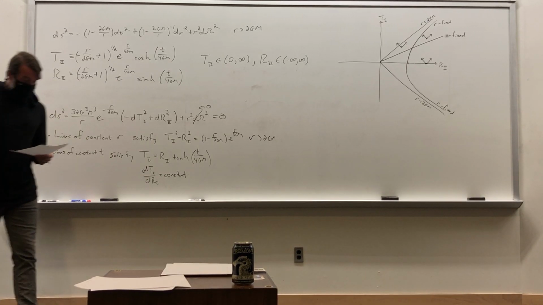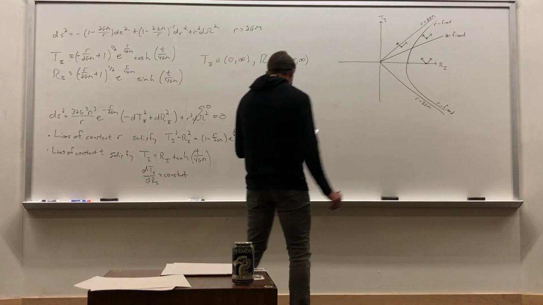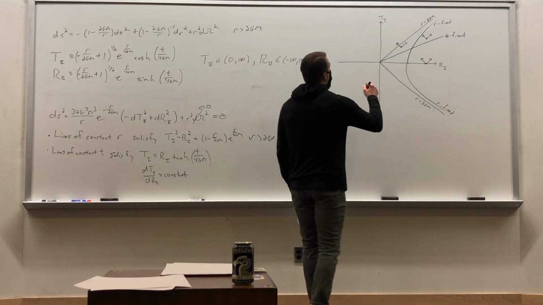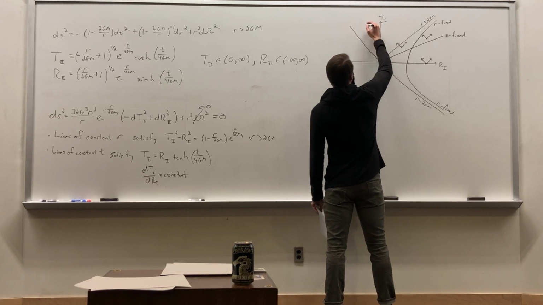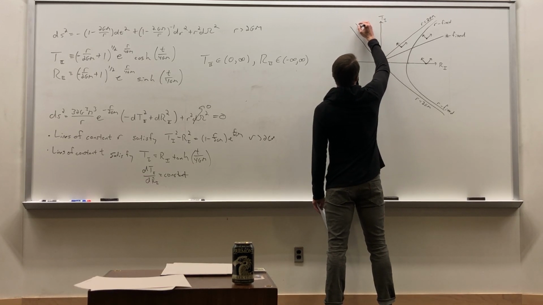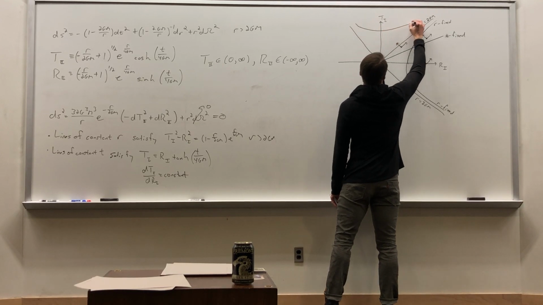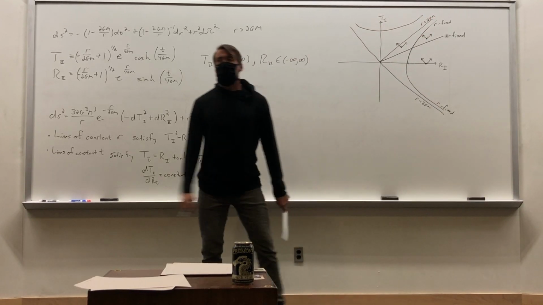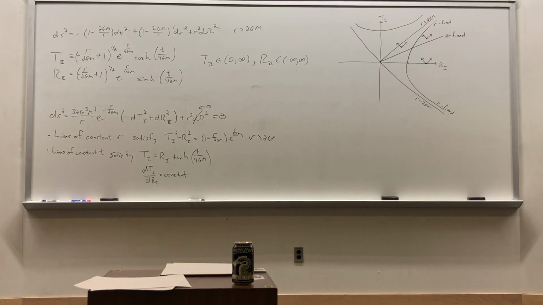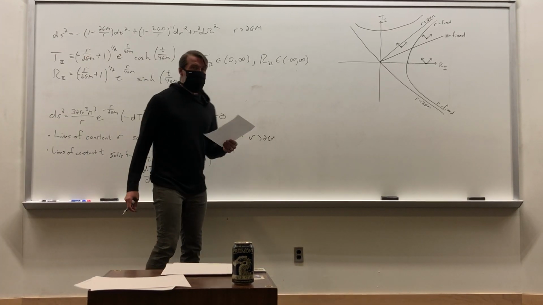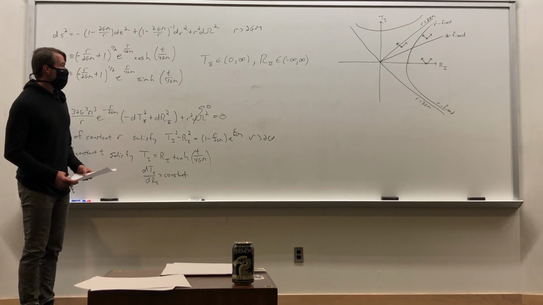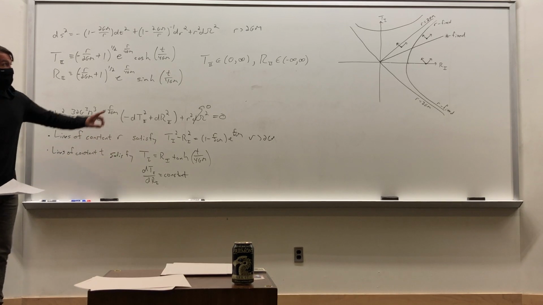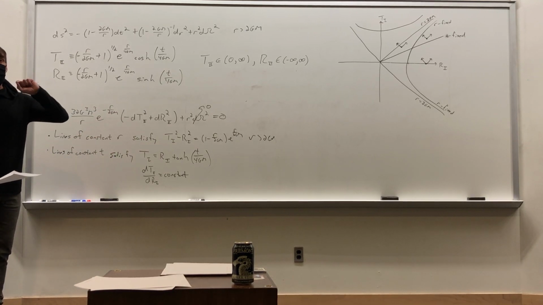So this implies some interesting things. First of all, constant R in this case is now going to be curves in this direction. Okay? Well, there's a special value of R that we might consider in this, and when I say R, I mean little r.